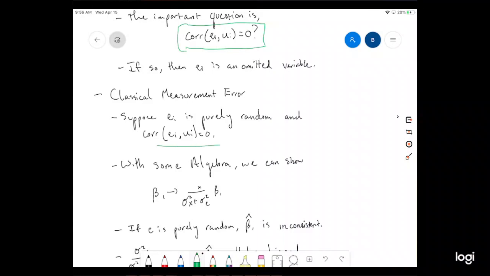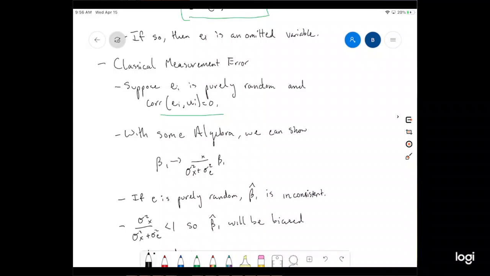With some algebra, we can show that when there's classical measurement error, beta 1 hat converges to beta 1 multiplied by this term that I'm outlining in blue: the variance of x over the variance of x plus the variance of this measurement error term.